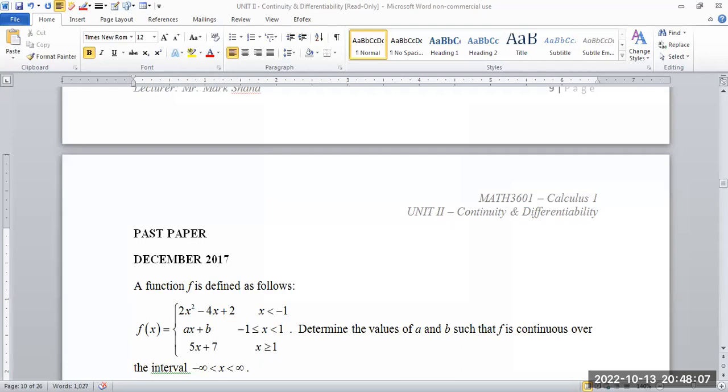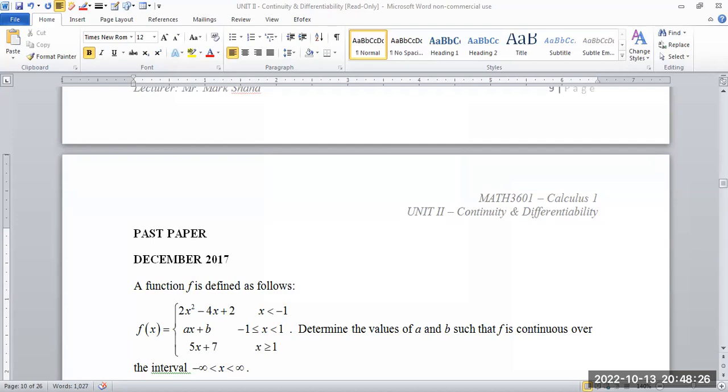Very good, excellent. So if I say to you that the function is continuous over the interval negative infinity to positive infinity, over every value you can think of, that's why I put it like that.